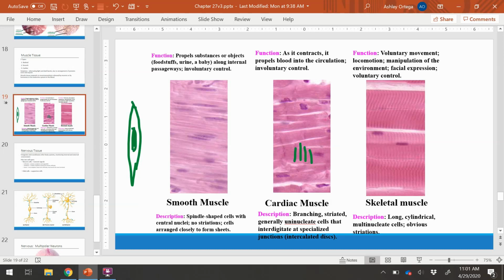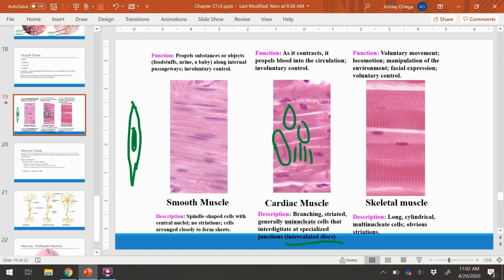They also have what we call intercalated discs. These are special junctions where cells come together and communicate. You can see that pretty well here, maybe here, here. Those are not striations, those are intercalated discs.